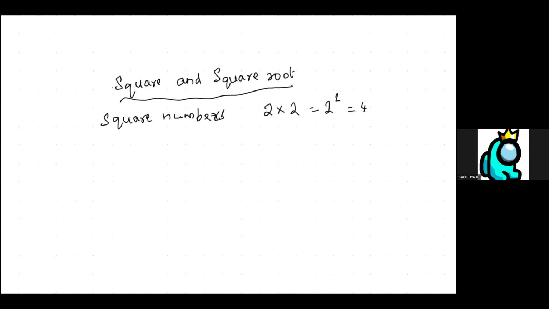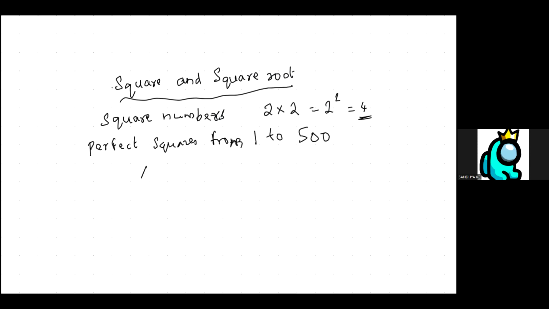Our question is to find the perfect squares from 1 to 100. Actually, we can write from 1 to 500. The perfect squares between 1 and 500 we are going to write. So we can check like 1 square.